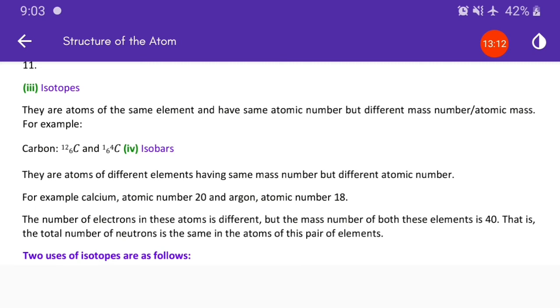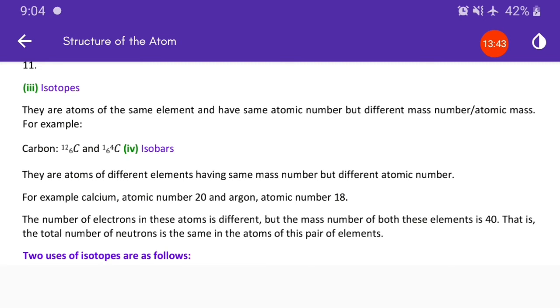Then fourth is isobars. It is totally opposite to the isotopes. In isotopes, same atomic number but different mass number. In isobars, different atomic number but same mass number. So that is the definition of isobars. They are atoms of different elements having the same mass number but different atomic number.